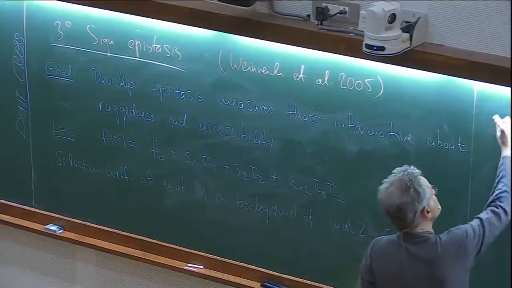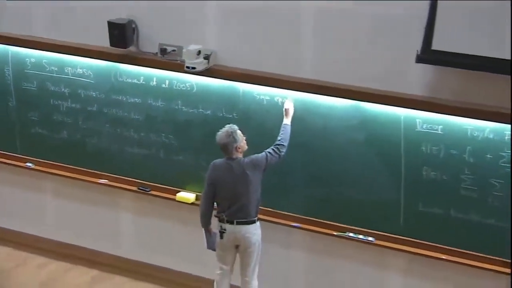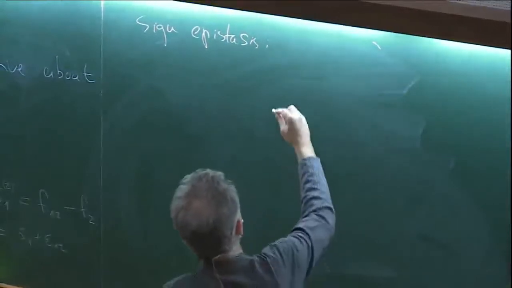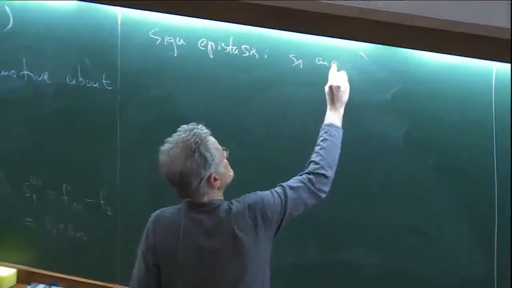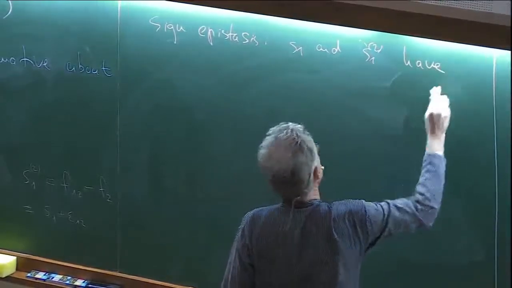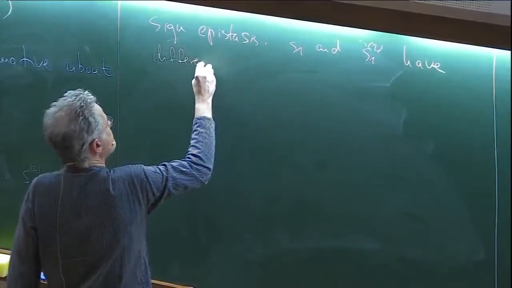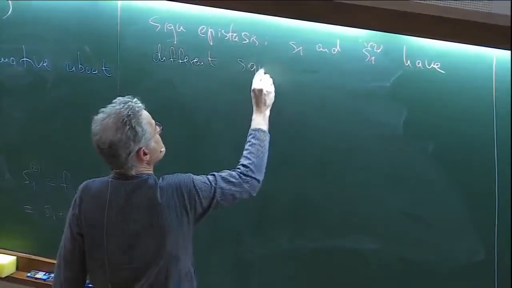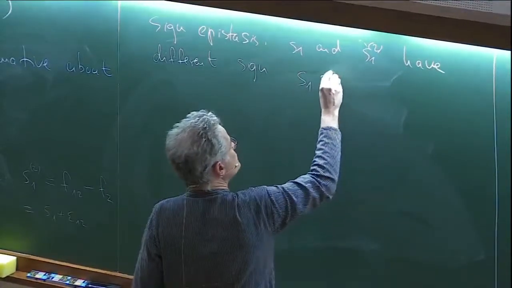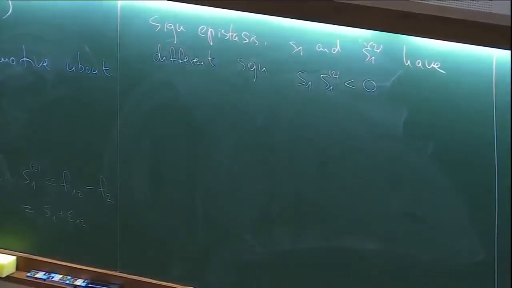So sign epistasis means that epistasis changes the sign of the mutation. So S1 and S1, 2 have different signs, which means that S1 times S1, 2 is negative, right? So the product is negative. This is how you would test whether this is true or not.